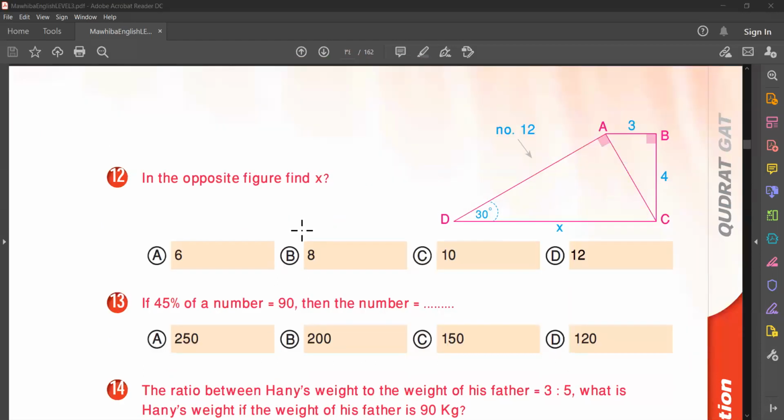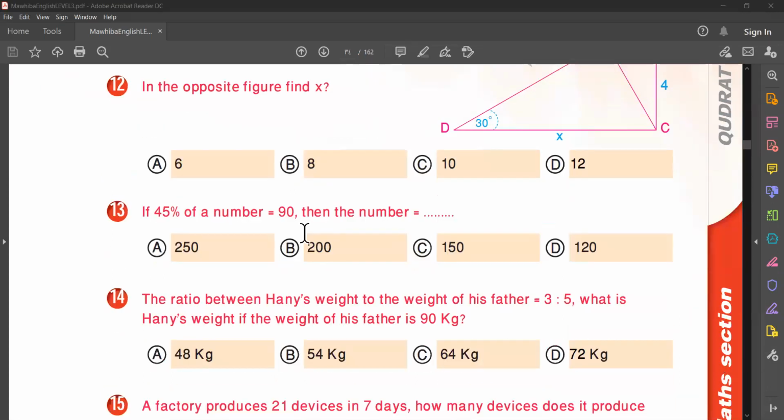Okay, now we will take number 13. If 45% of a number is 90, then what is the number? Because 45% of a number, we write an equation. I say 45 divided by 100, multiplied by x, equals 90.